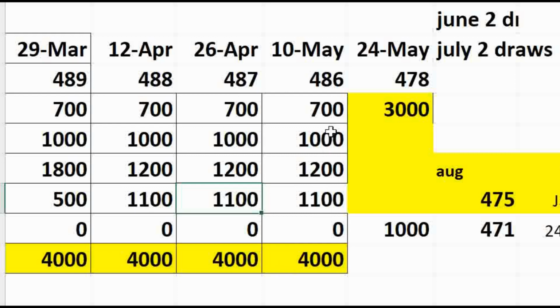Similarly, the same is the situation in the next draw also. The cutoff score as on 10th of May should be 486. So this is 1100 to be picked up from this slab. Now as we have 12,000 in this slab, that is 481 to 490, we are having 12,000 candidates.